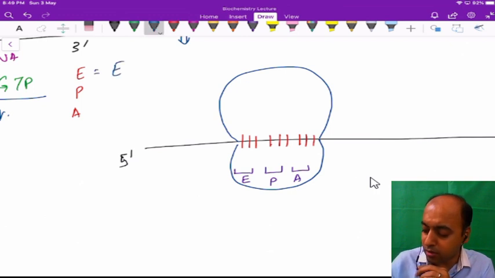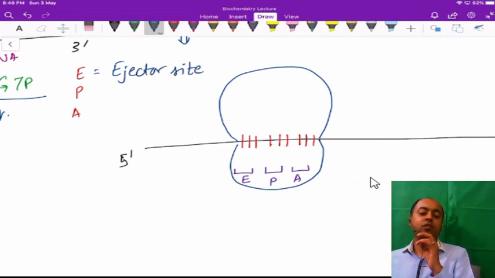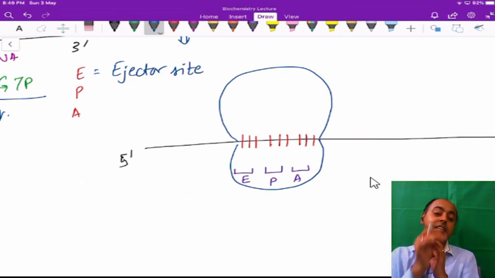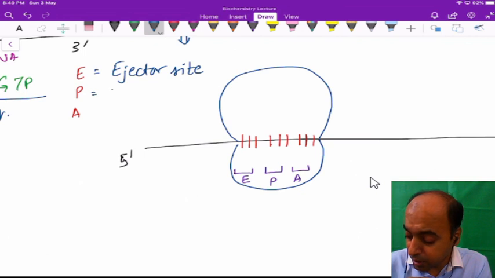E stands for ejector site. Any tRNA which will sit at the E site will quickly be removed from the ribosome messenger RNA complex. Once the tRNA is sitting at the E site, it will be removed. The P is the peptide site.